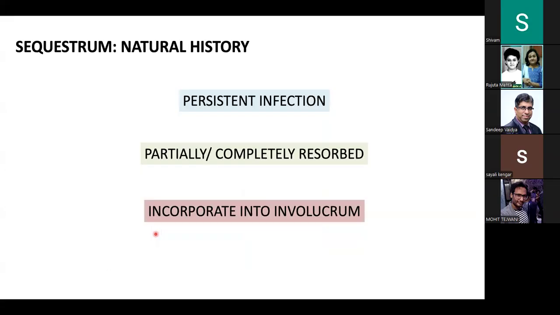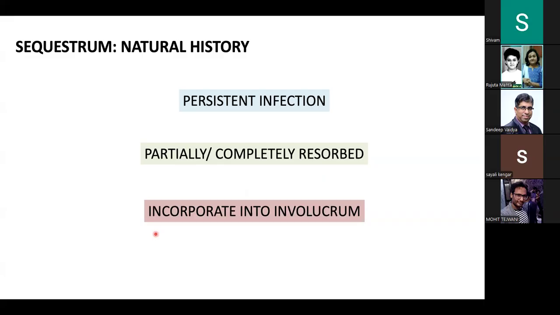Also, you have to understand that the natural history of all sequestra is not the same. Most commonly, you have a situation where a sequestrum leads to persistent infection. The sequestrum stays there and gives rise to recurrent attacks of clinical infection. That is the most common scenario we see, and unless that sequestrum is taken out, the infection does not subside.